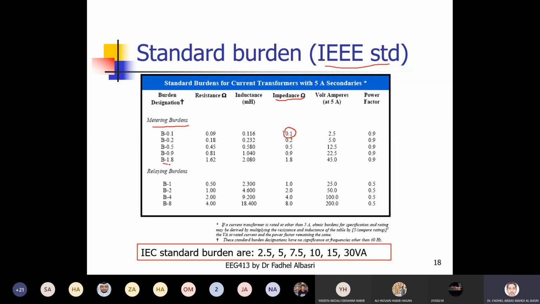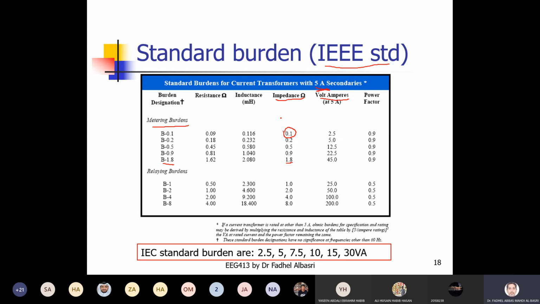And B 1.8 means the maximum impedance is 1.8 ohm that you connect at the secondary side of the CT. And in terms of volt ampere, you can convert from ohm to volt ampere by multiplying. This is IEEE, normally the secondary is American standard, they have 5 ampere secondary.